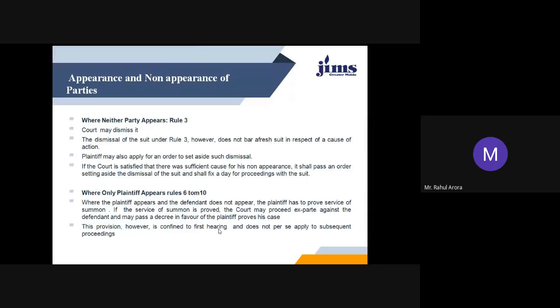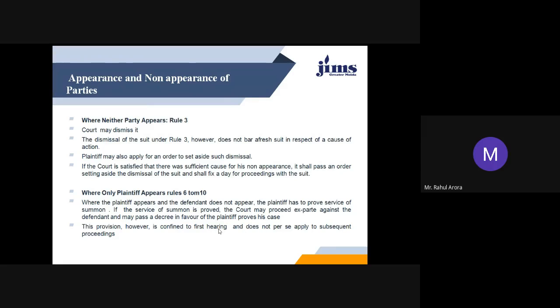Therefore, we may infer from this provision that if sufficient cause is shown by the plaintiff or by the defendant on the next date of hearing, then the court may set aside the order, or if they have filed a fresh suit regarding the matter, then the court may entertain the suit again, and this would not be barred by Section 11 of the CPC, or Order 2 Rule 2 CPC would not be applicable, because full trial has not yet been completed and both the parties are at fault.